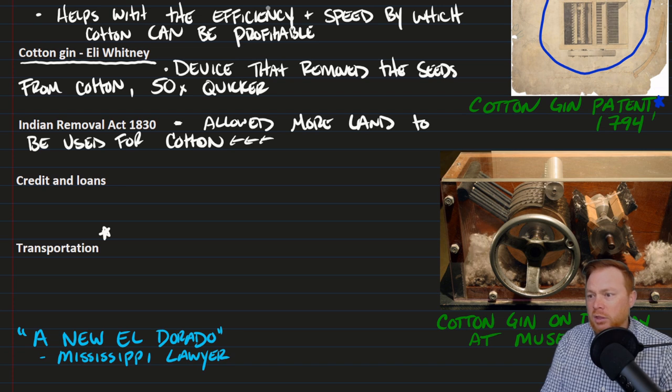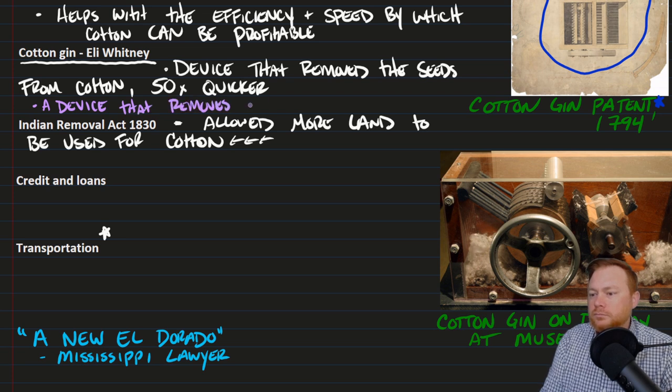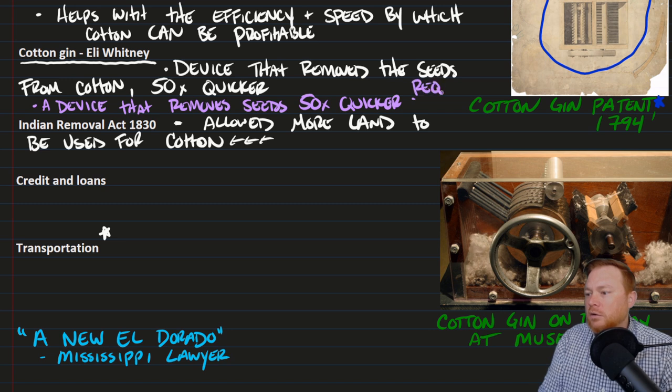One other point that I want to touch upon before I forget about it is the impact that the cotton gin had, and this was, of course, not Whitney's intention. A device that removes the seeds 50 times quicker has the side effect of requiring 50 times more labor to grow and to harvest, right?